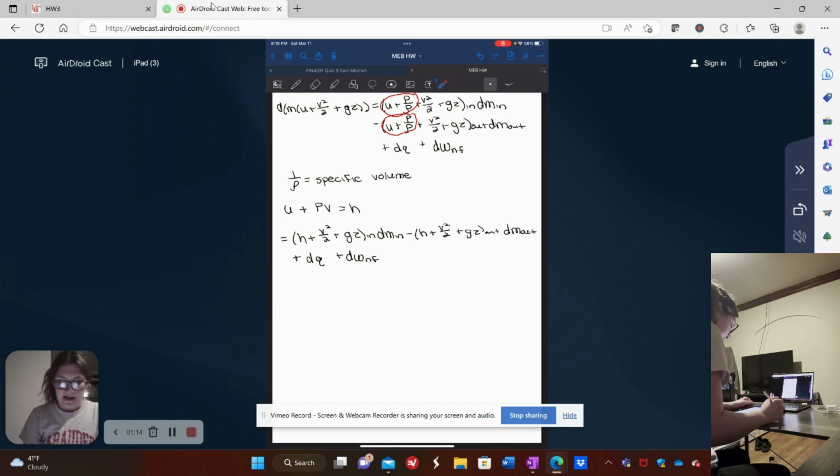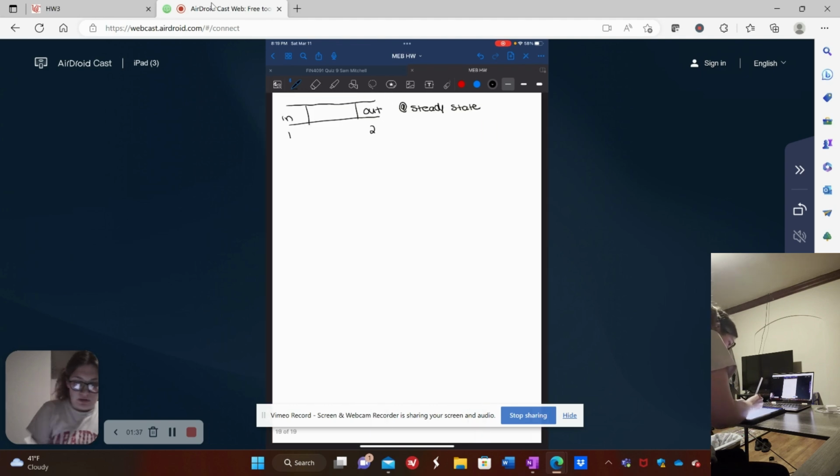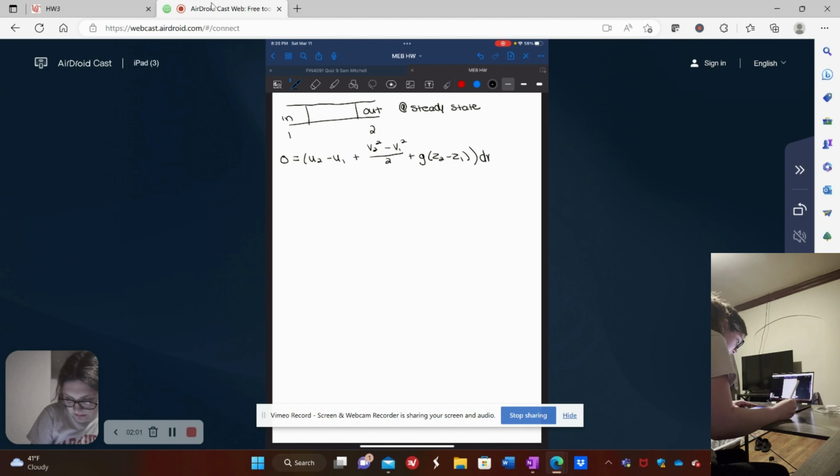Another thing to note is that down here we have dm in and dm out. And since the mass flow rate in and mass flow rate out are equal, we can just use a common dm when we are looking at our internal energy coming in and our internal energy going out. And so we can write that like this. So you have U2 minus U1 plus V2 squared minus V1 squared over 2 plus G times Z2 minus Z1 times dm.